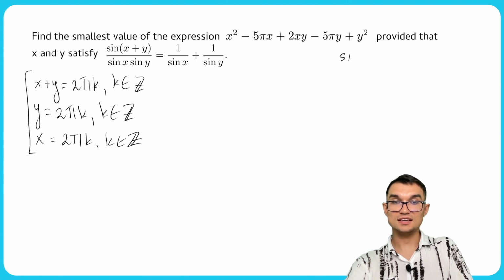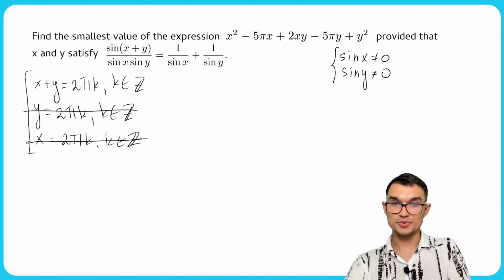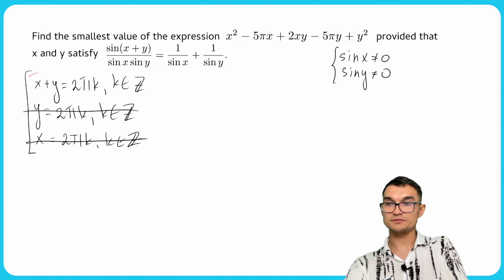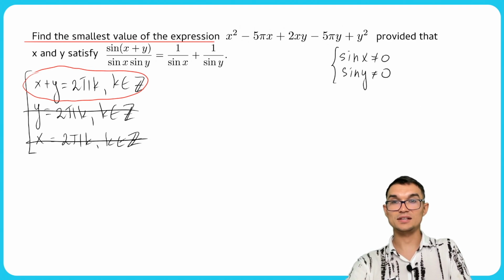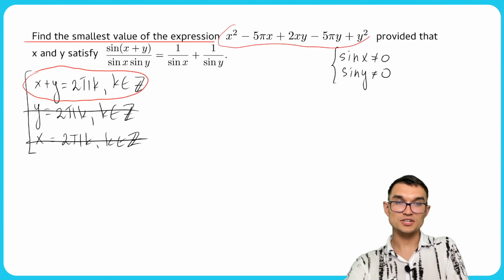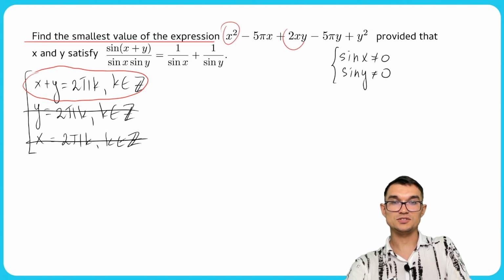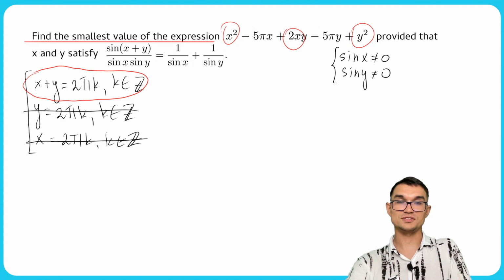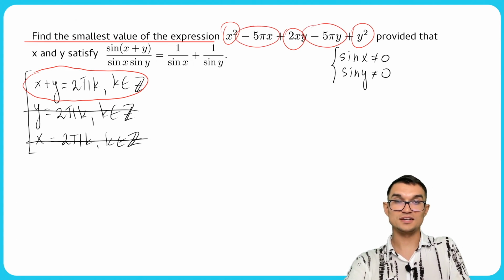But sine x and sine y are both not equal to 0. So these 2 solutions are wrong because 2 pi k is a point where sine equals 0. So we're left with x plus y equals 2 pi k. And now let's get back to our expression, since we have to find its smallest value. And if we look closely at that expression, then we can see that we can factorize that, because x squared plus 2xy plus y squared is just a square of a sum, and these 2 terms have a common factor of minus 5 pi.